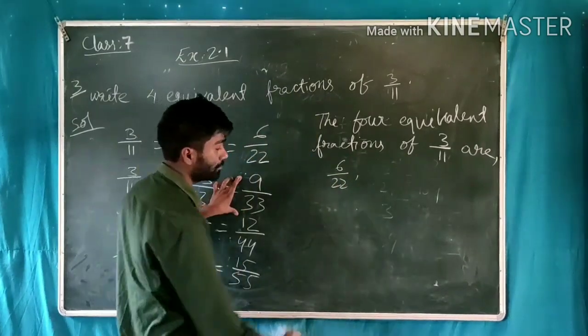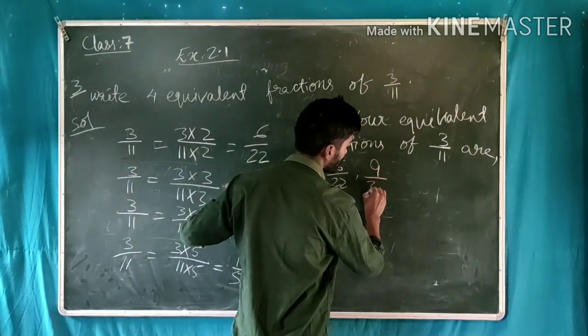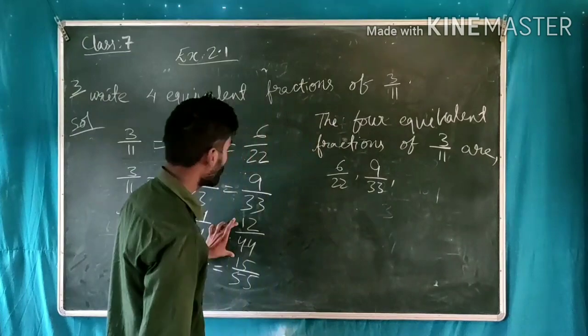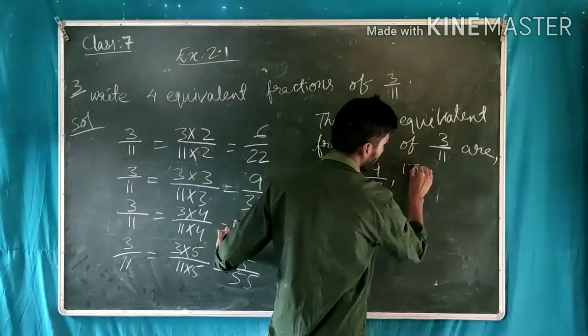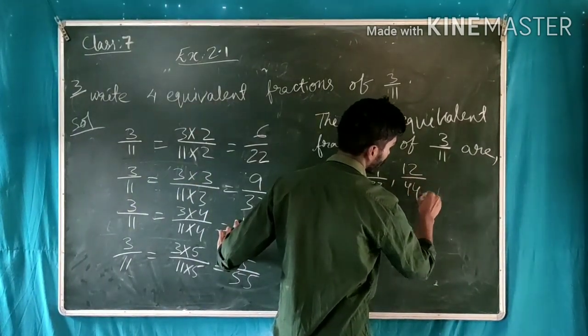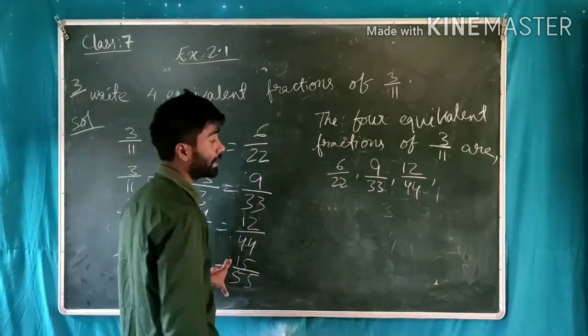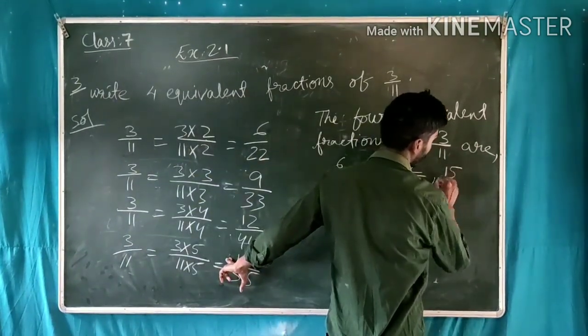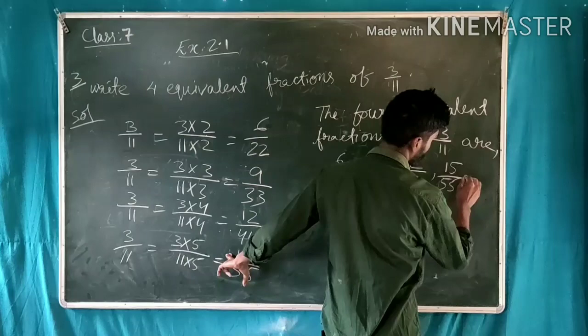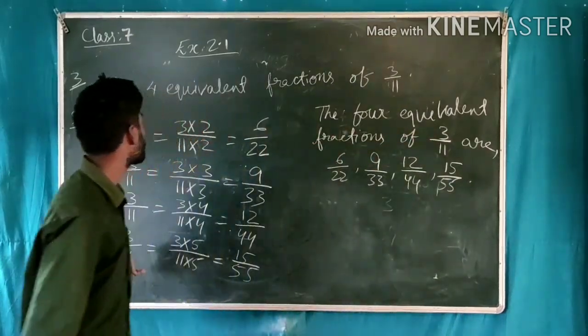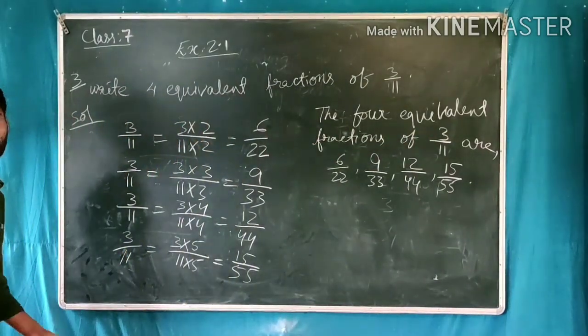Next one, it is 9 by 33. Next, 12 by 44. Next, that is 15 by 55. So in this way we will solve for equivalent fractions.